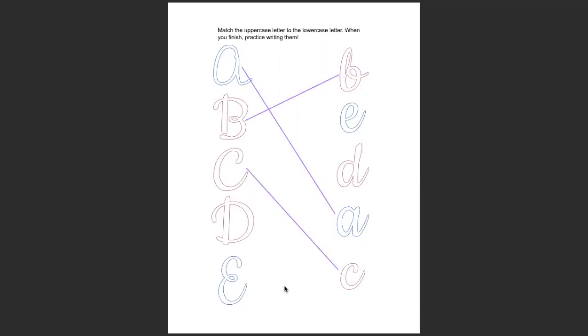Grace, did you find it? Yep. Where is it? Is it here? No. Here? No. This isn't the D? Yes. This is the D? Yes, okay. So I'm going to draw a line to match.